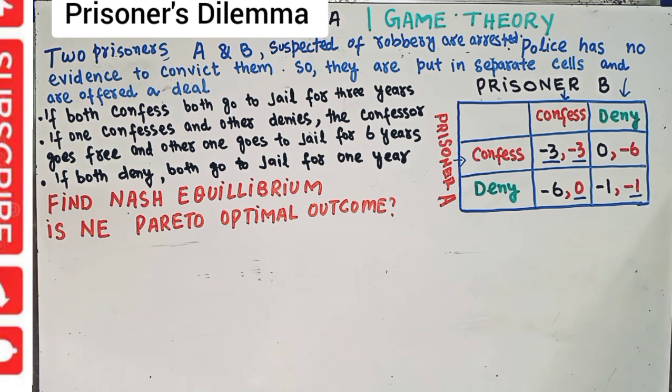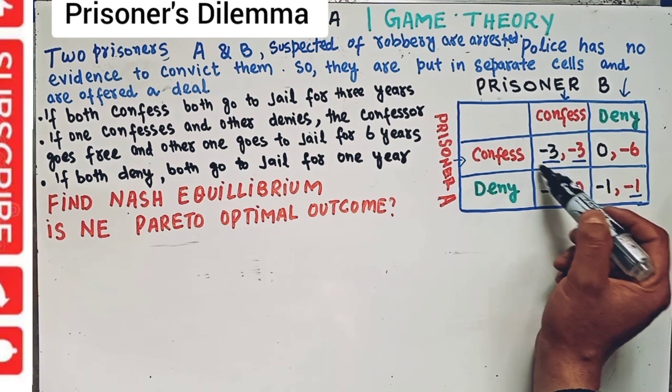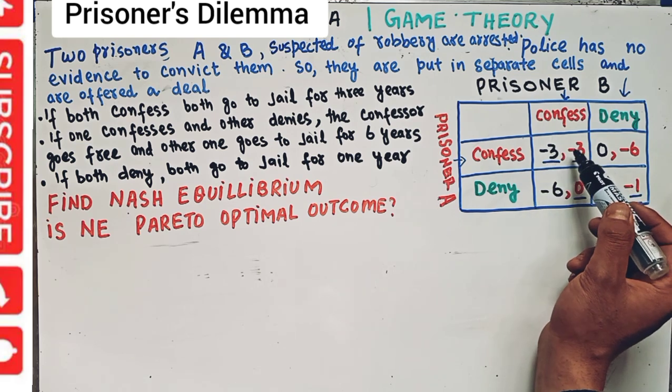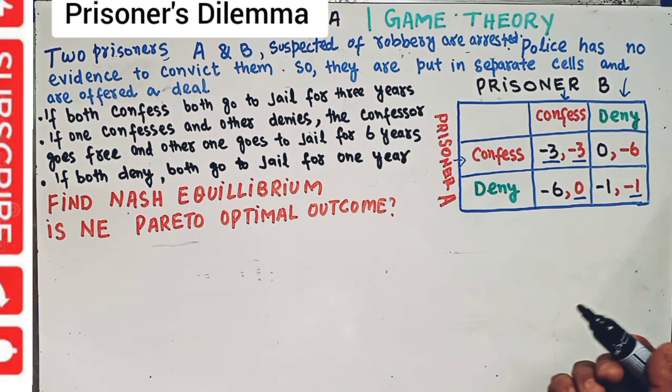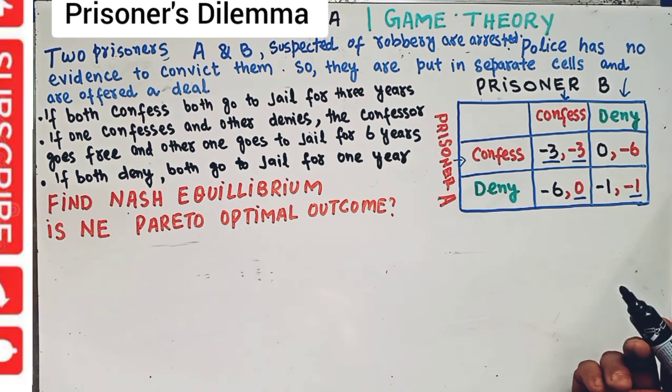Here you can see the only cell where both the numbers are underlined. So this -3 is the Nash equilibrium in this case.